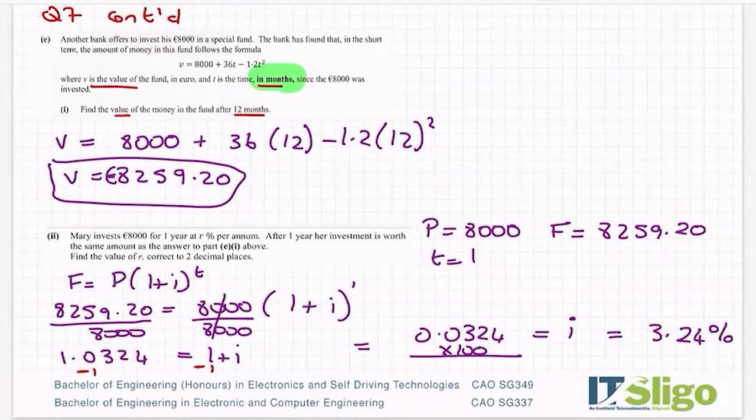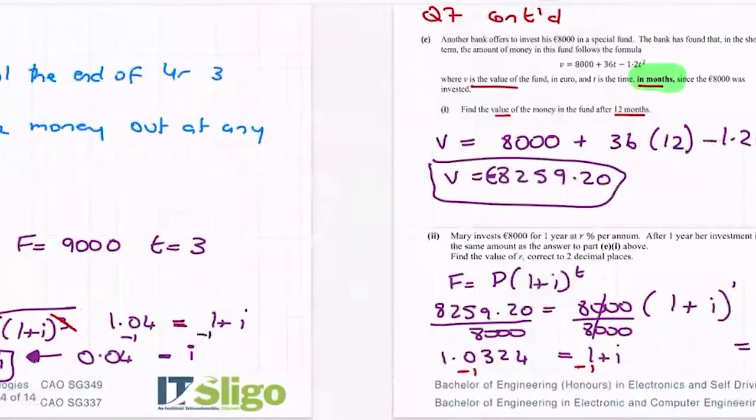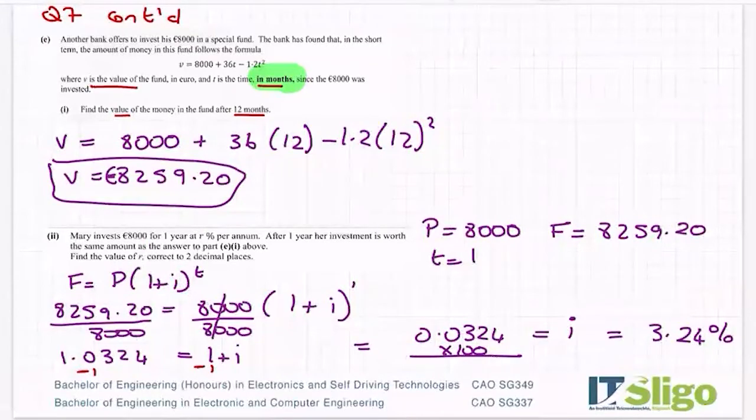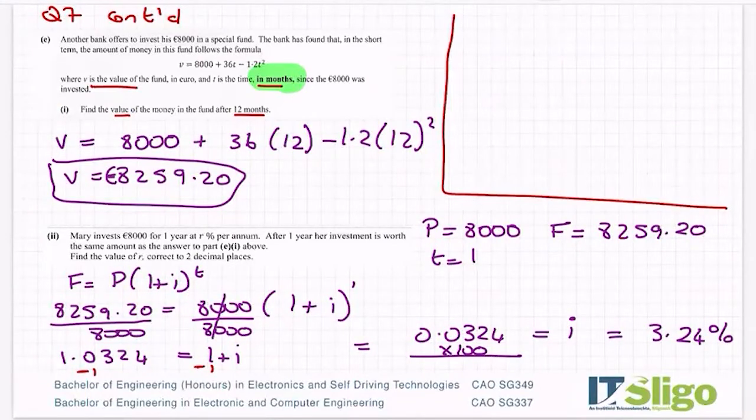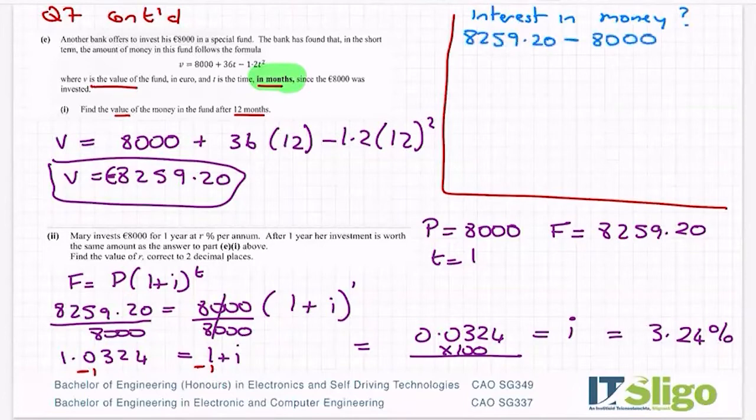Okay, so that's a way of doing it, perfectly the same as D. If I could show you another way of doing it, not quite so formal, just in case you see it a little bit different. You could, of course, go, well, what's your interest? So interest in money. What did you end the year with, minus what did you start the year with? Because isn't the difference between them your interest?